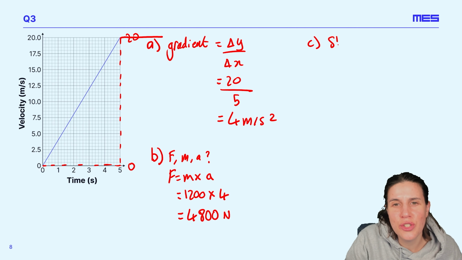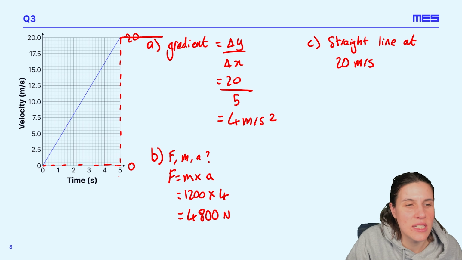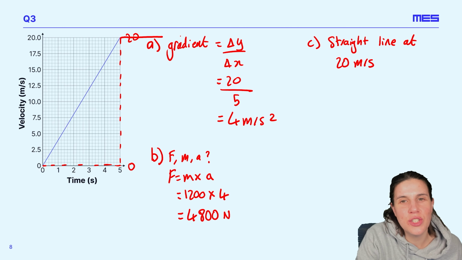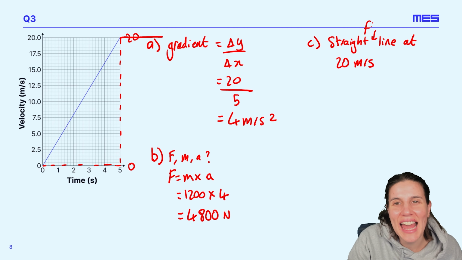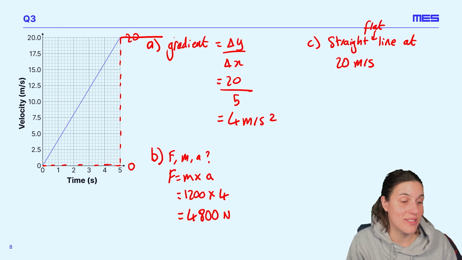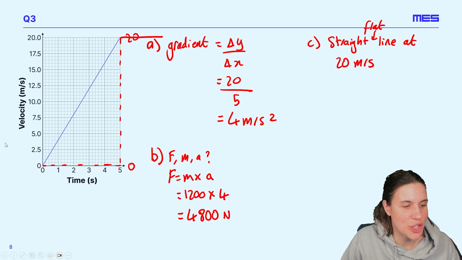So we're going to say a straight line at 20 meters per second. If the car stops accelerating here, it's going to have gotten to 20 meters per second and it will go no faster. So we're going to get a straight, we could even include here, flat line at 20 meters per second. And there you go. That's how we're going to answer that question.